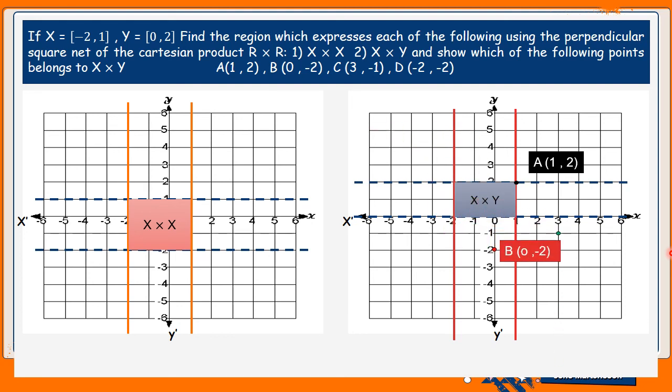C, (3, -1). D, (-2, -2). Which of these points belong to x cross y? It will be the point A, right? The point A belongs to x cross y.